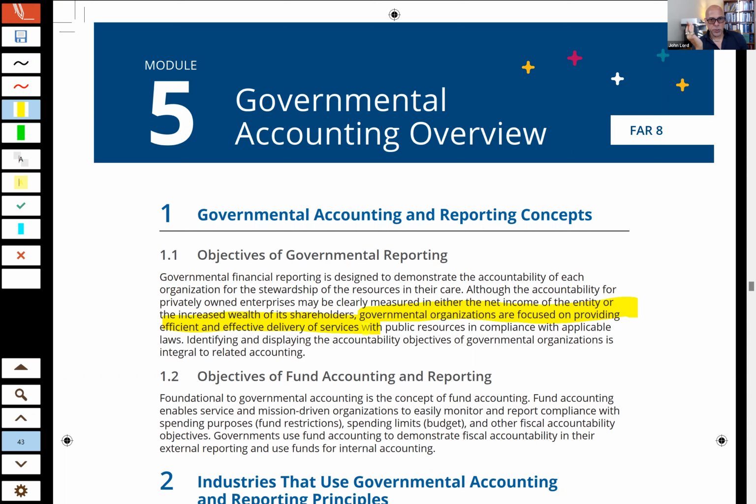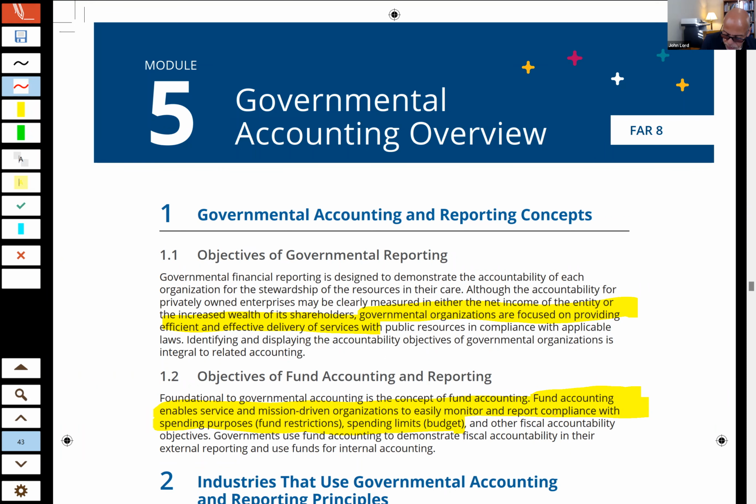There are no shareholders. They are there to provide services in an efficient, effective manner to the citizens of that city. So in trying to accomplish this, we have something called fund accounting, and it enables these entities to make sure that they are in compliance with laws and meeting funding restrictions.